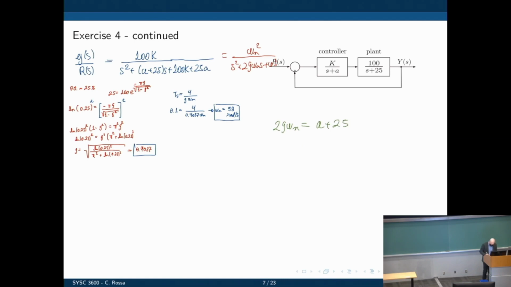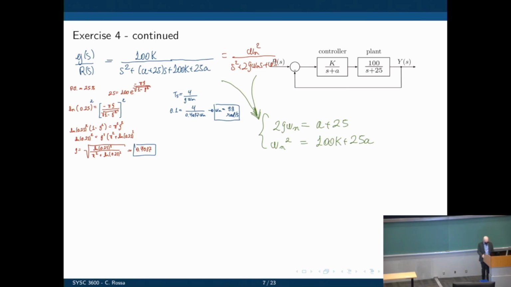And we have omega n squared equal to 100K plus 25A. This is coming by equating the equation we have with the standard form.